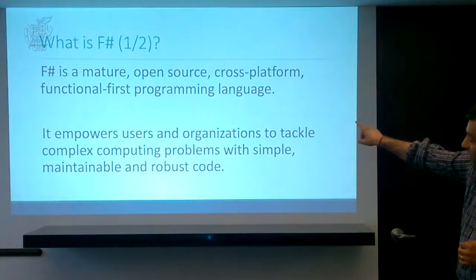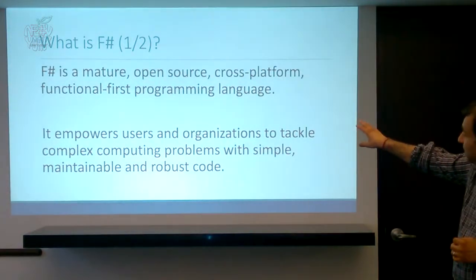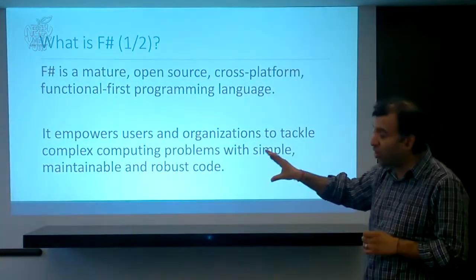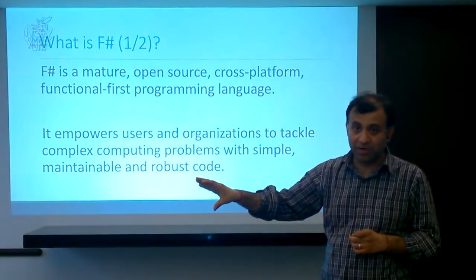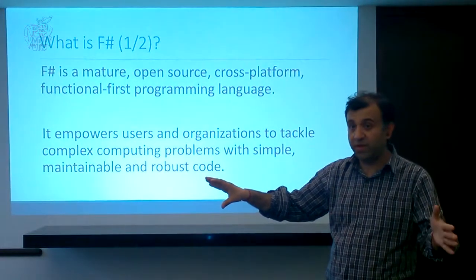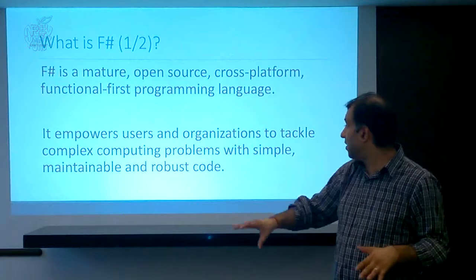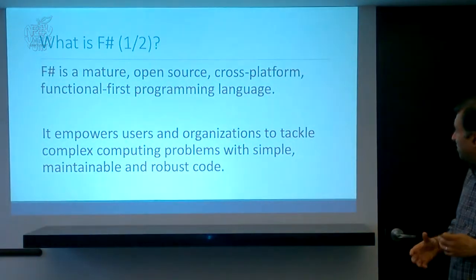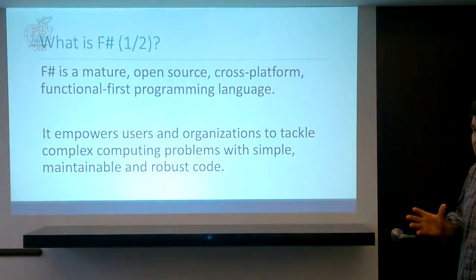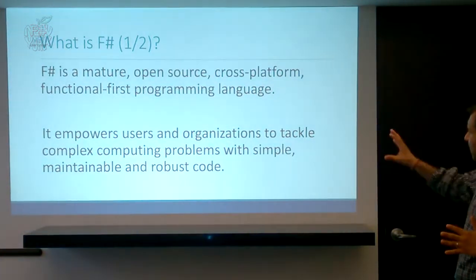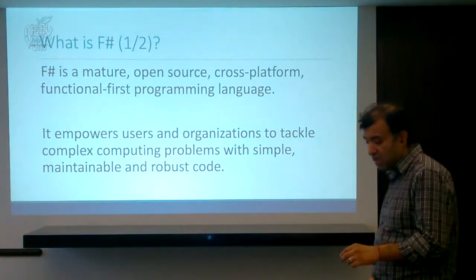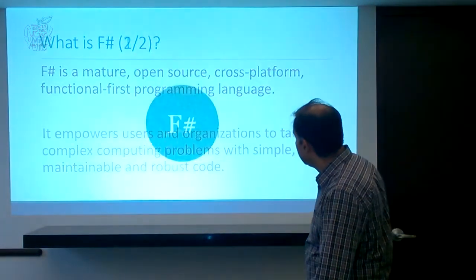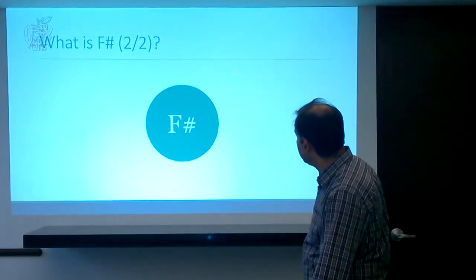Now, it says functional first. The reason why it says functional first is that it's predominantly geared towards functional programming, but it does support imperative and object-oriented programming. Very complex computational problems, particularly mathematical ones, when you're solving maths-oriented problems, actually become very easy to solve in FSharp. And this is a bit of a history of FSharp.